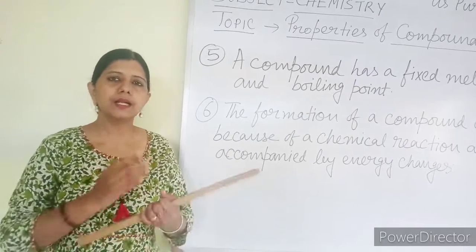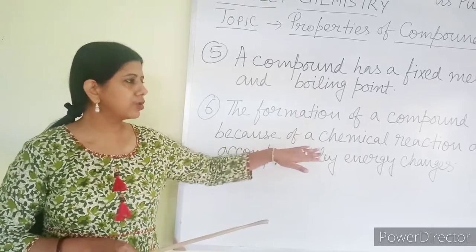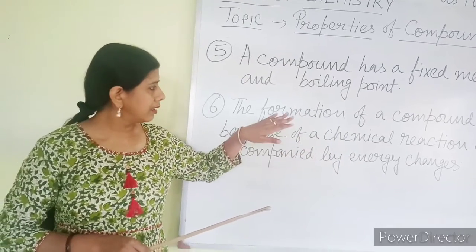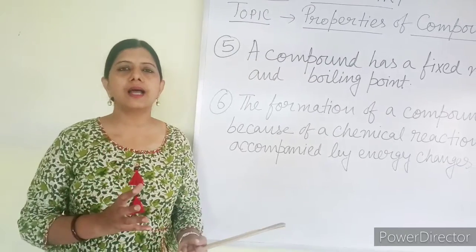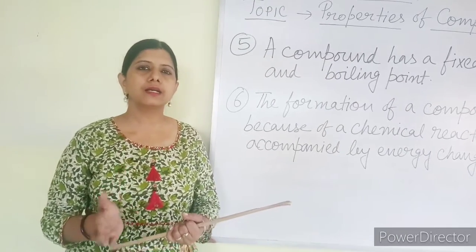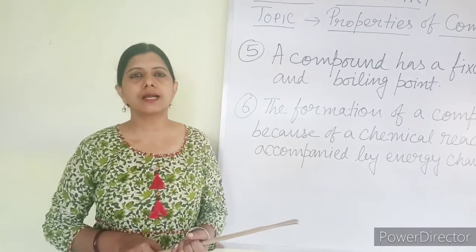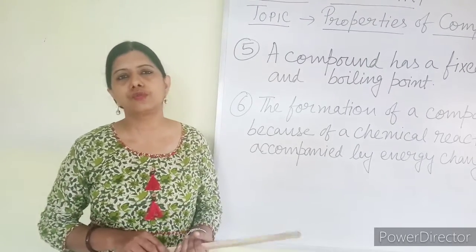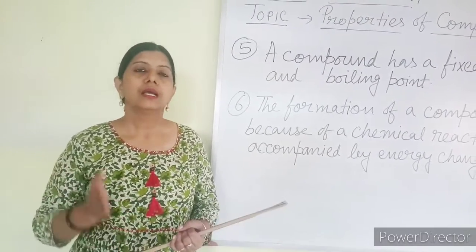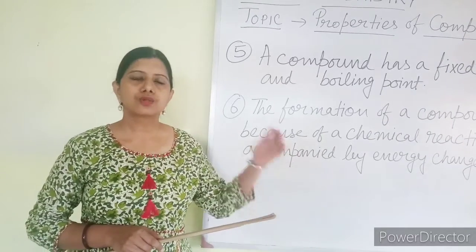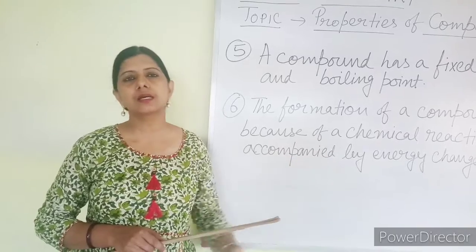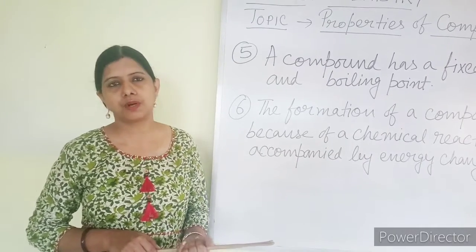When they are chemically combined together, then only you are going to get the compound. That is, if you mix oxygen and hydrogen in a container, water is not going to form. It can be formed only by a chemical reaction. So a chemical reaction is necessary for the formation of a compound.